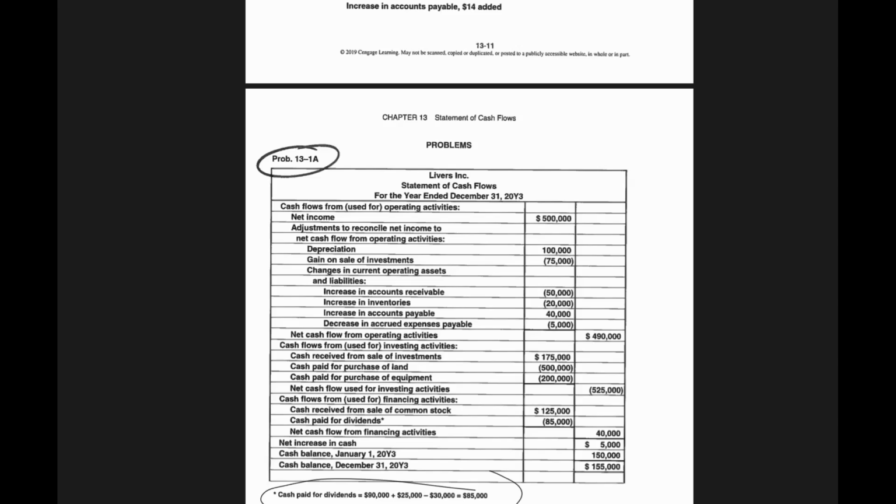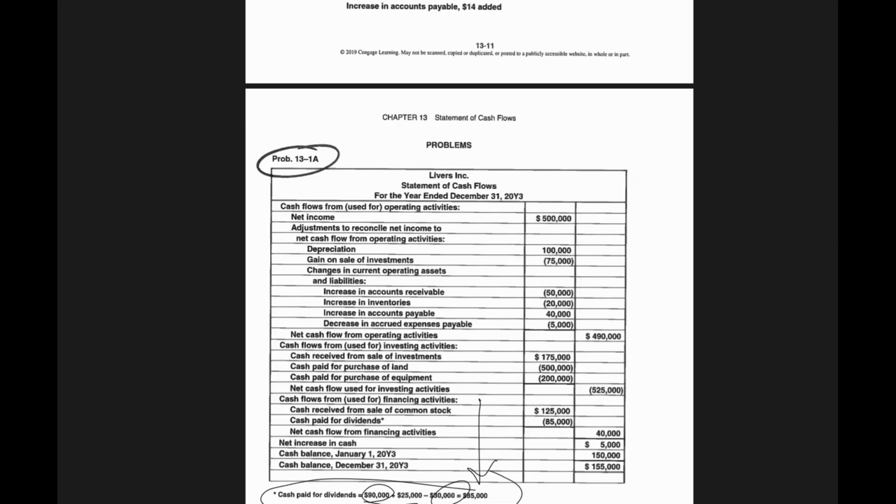Remember, the last problem had a declaration of 24 of dividends, and there was still 5 in the dividends payable account. In this one, if you look at the dividends payable account, it had a beginning balance of 25, and it has an end of the year balance of 30. So we look at what did we declare, 90, plus the 25 that we had in the payable account, certainly would have been paid by now, but there's 30 that's sitting in there that we haven't paid.